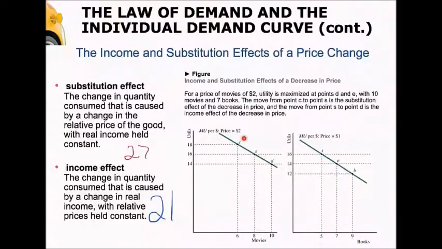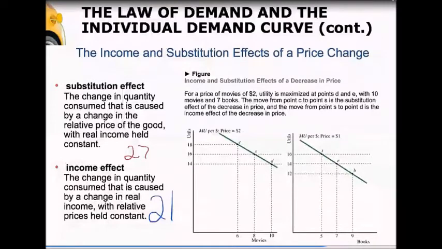We consume more movies because they become relatively cheaper. We consume fewer books because they became relatively more expensive. But in fact, we did see our income rise. Our income didn't drop down to $21. We still have $27 to spend. So when you get richer, or when you have more money, you buy more of every good and service.